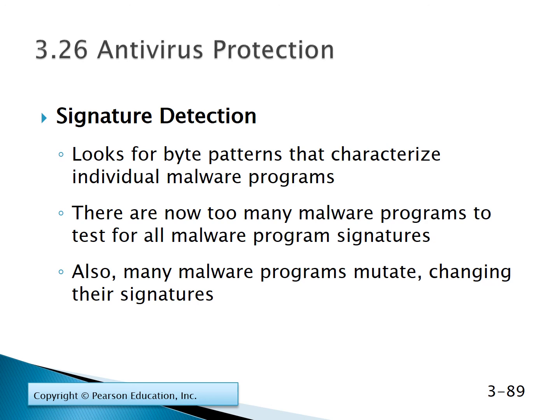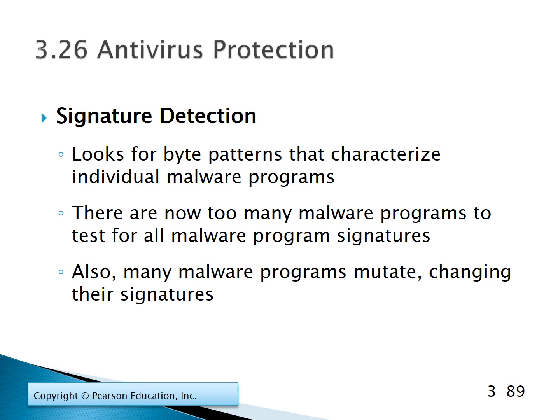They are not all exactly the same file, but usually they have some portion of the code that is identical, like for the same virus. Right? So that kind of code becomes a byte pattern that can be detected in the file. So the antivirus software basically is looking for any of these byte patterns that are found in the virus definition files.